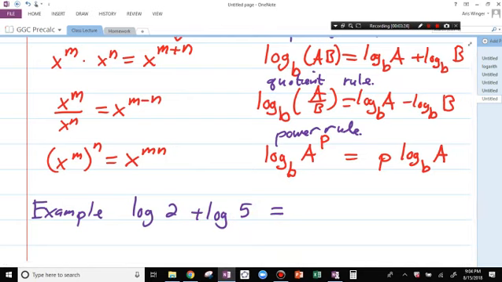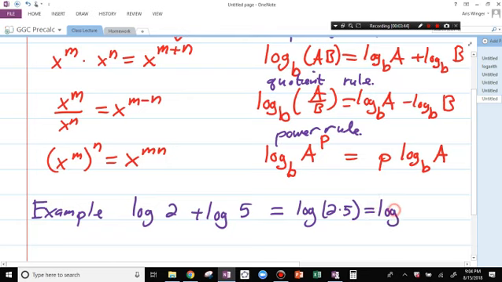That's the log of 10. The log of A plus the log of B is the log of A times B. So by the product rule, this is equal to the log of 2 times 5, which is the log of 10. But we know the log of 10. Log of 10 is 1.